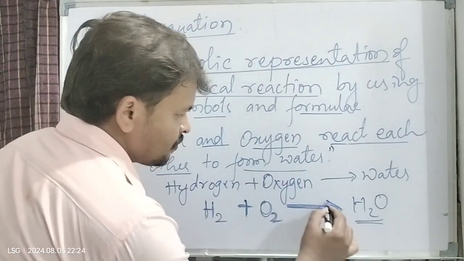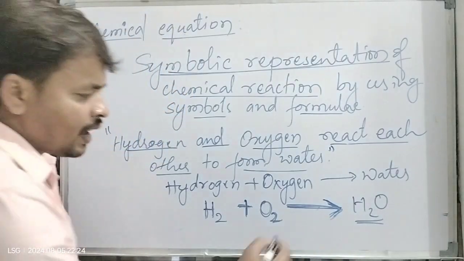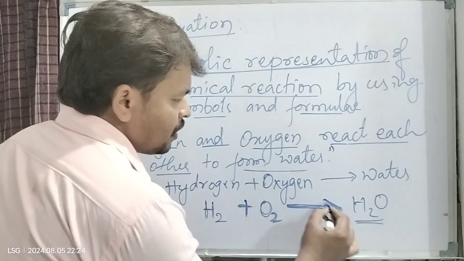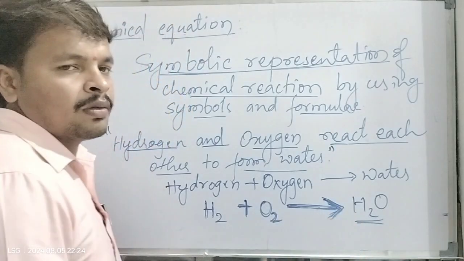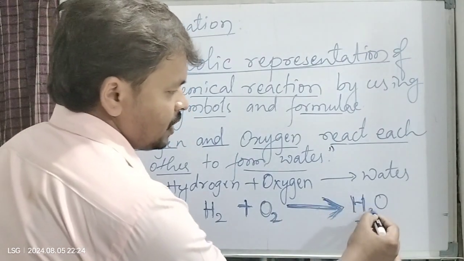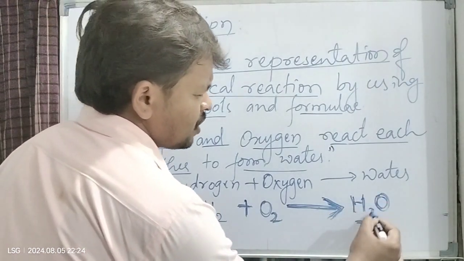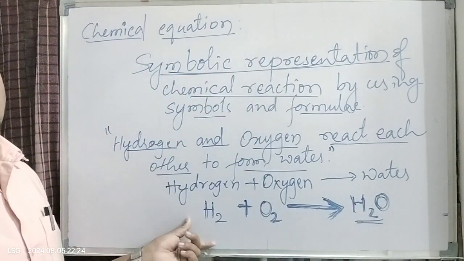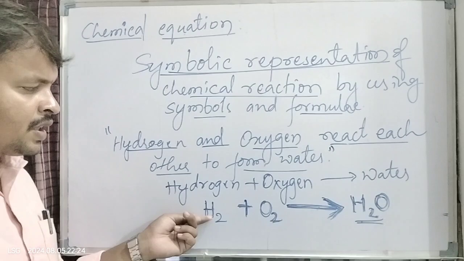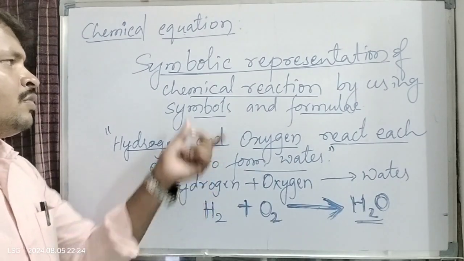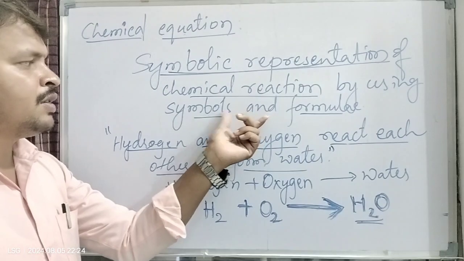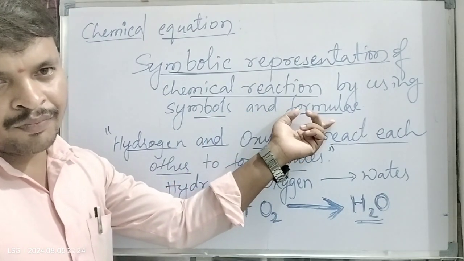The right arrow mark shows the formation of the product, that is water here. This is a chemical equation, a symbolic representation of a chemical reaction by using symbols and formulae.